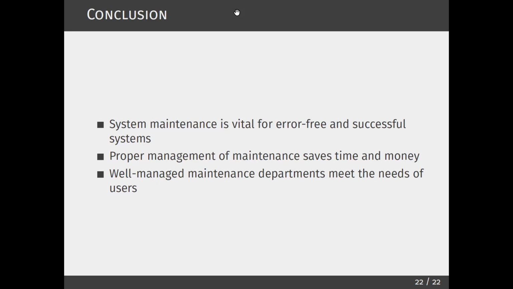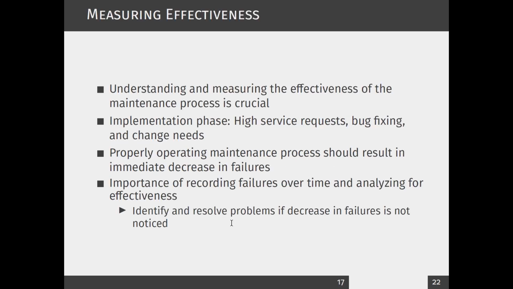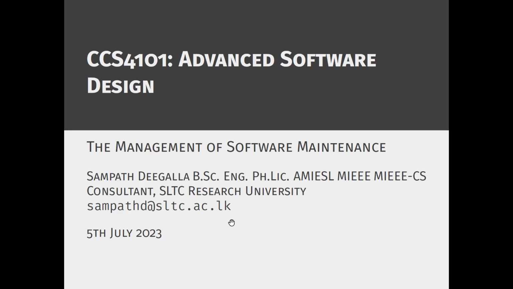Proper management is very important. If you use proper management of maintenance, it saves a lot of time and money. And third, a well managed maintenance department meets the needs of users. So that's all I have for today, the management of software maintenance.